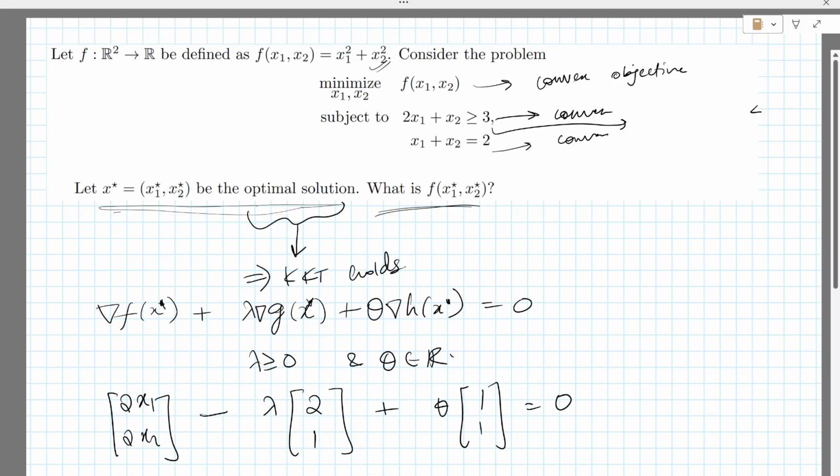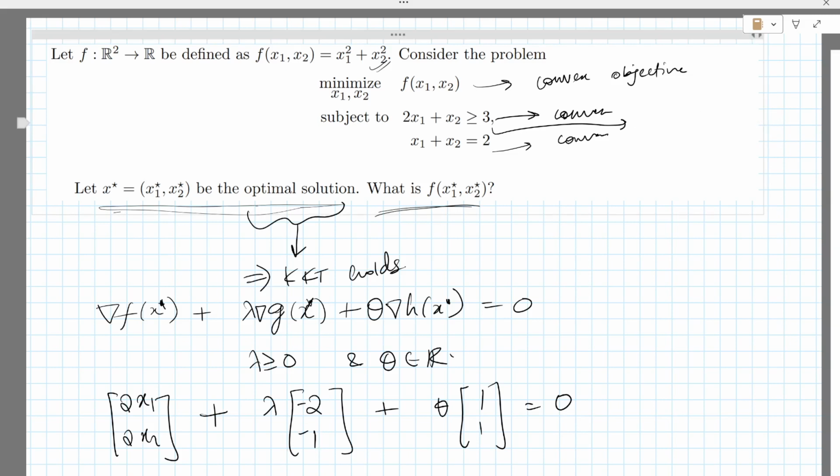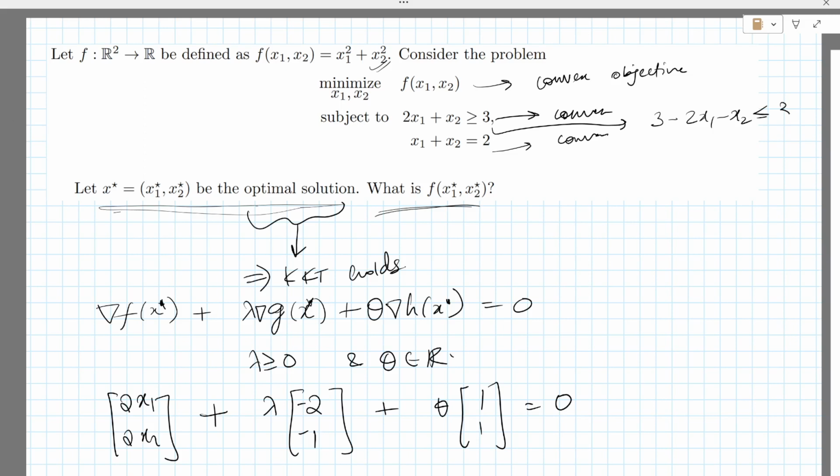So I'm going to write this as 2x1 plus x2 minus 3 less than or equal to 0. Okay, because we had defined this for min of f of x, g of x less than or equal to 0 and h of x equal to 0.